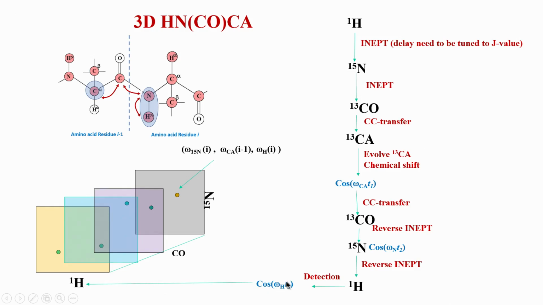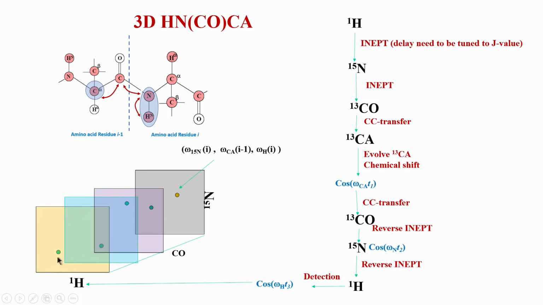We have correlated or connected the chemical shift of amide proton to nitrogen to C alpha of I minus 1, that is important to remember. Now, if you look at the peak pattern, what kind of peak pattern do you get? You see this is similar to what we saw in the case of HNCO.